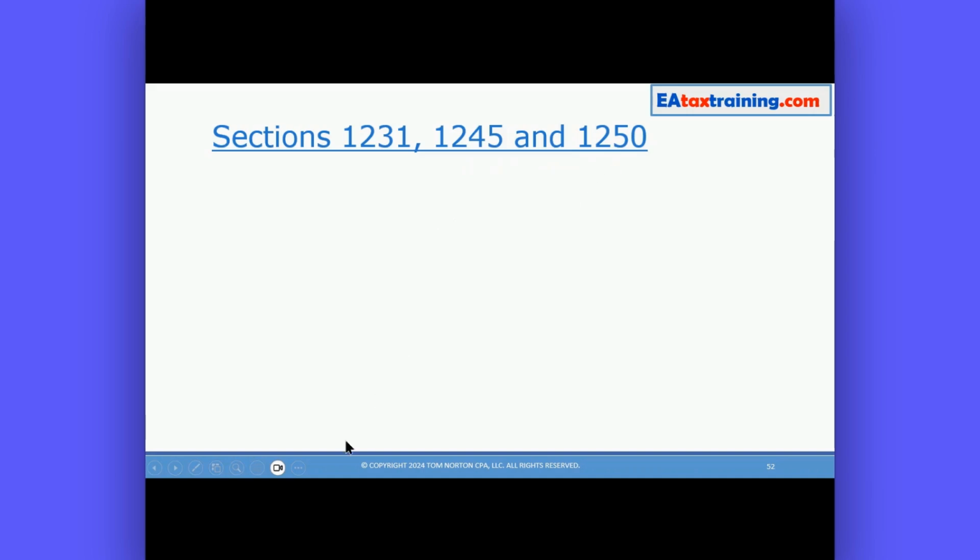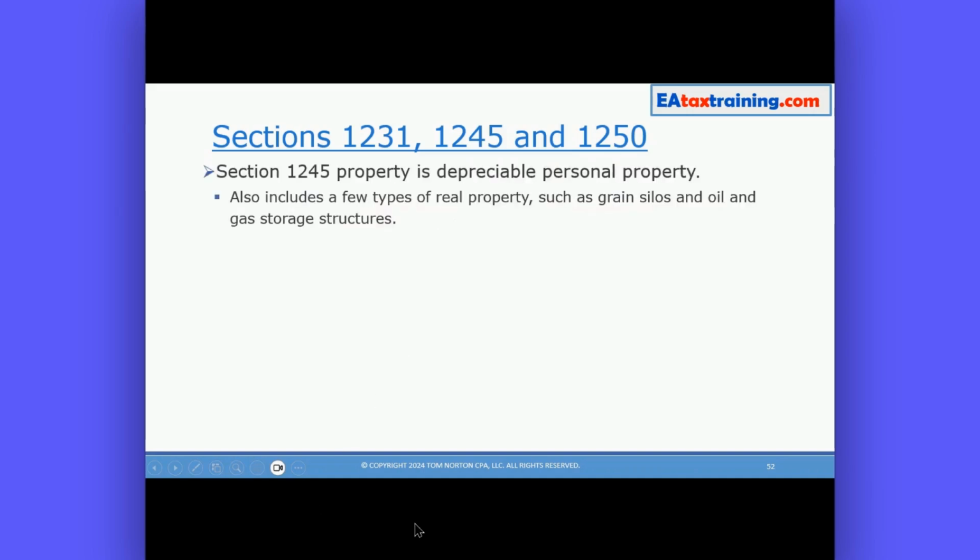First, we need to understand Section 1245 and Section 1250 property. Section 1245 property is depreciable personal property, so not real property. There's a couple of exceptions for grain silos and oil and gas storage structures that I guess technically are real property, but they're still considered Section 1245 property. But in everyday parlance, Section 1245 property is depreciable personal property.